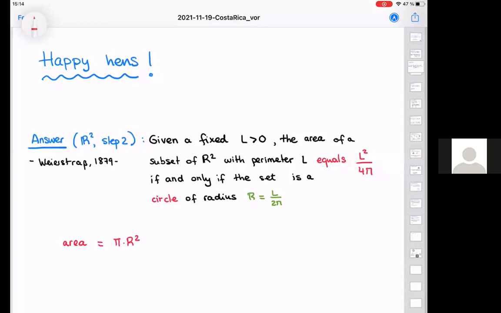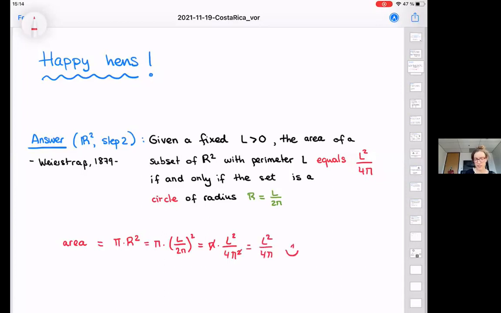So now we substitute r equals L over 2 pi. And now magic, right? I mean, it's not magic, but this is the nice thing about it. So we have pi, then 2 squared is 4, and then this one cancels with this one. Ha! This is exactly the thing. So this is kind of nice.